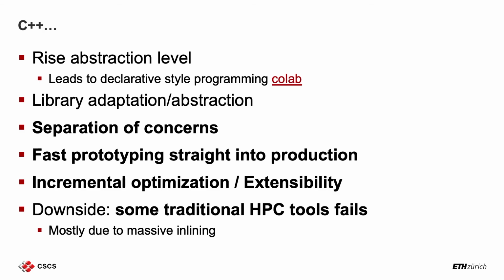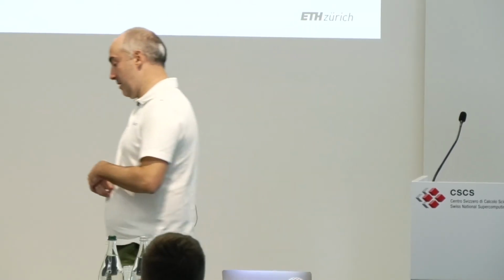Well, I can provide a layer that abstracts this library, changes its interface, and I can use it without changing my main code. So in some cases, you can do something like that without overhead. So you can do adaptation.